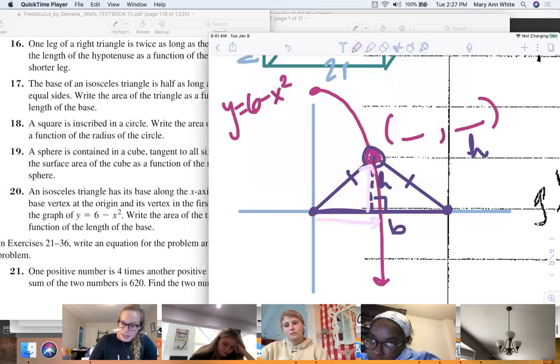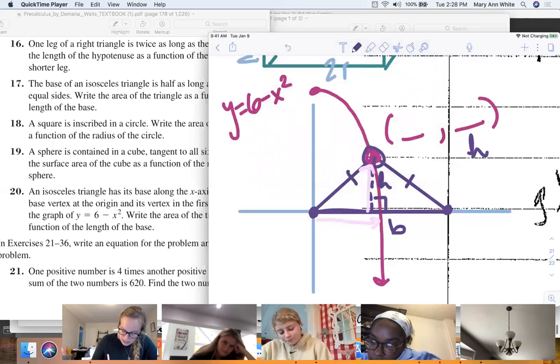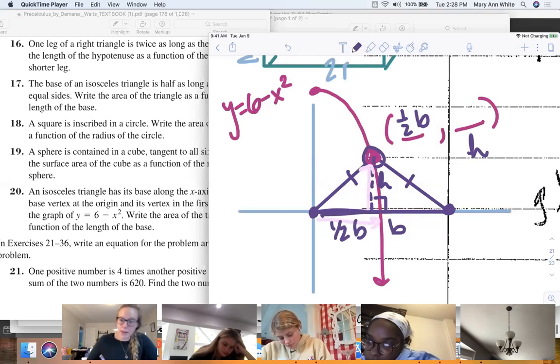My Y is that H, and my X deals with my base. If my whole distance from this point to this point is B, I'm only doing half of that. So my X value is 1/2 my base.